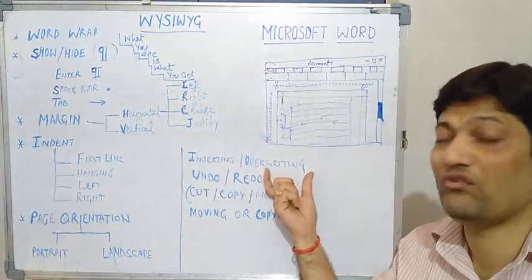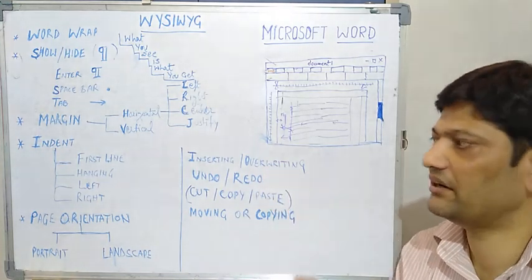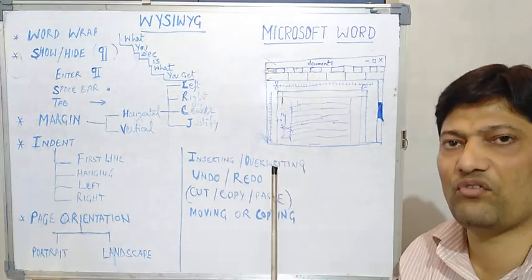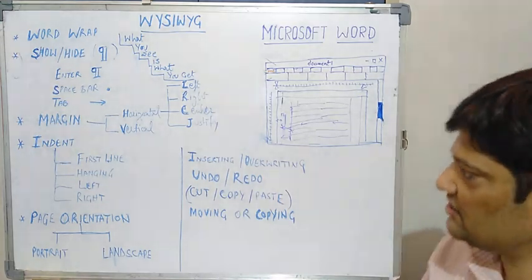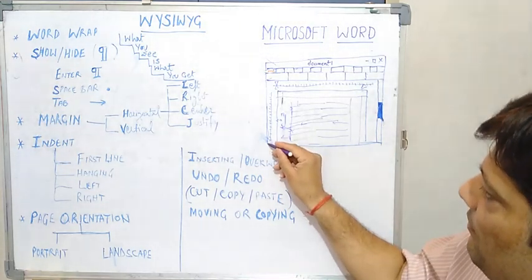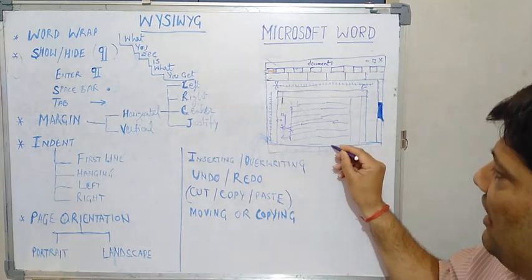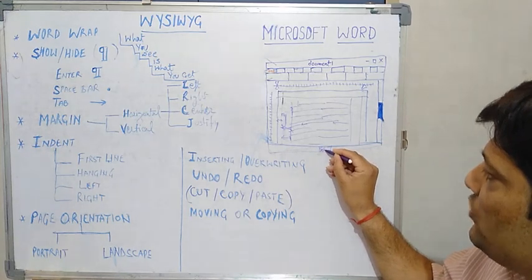So in case of overwriting, deletion also happens automatically. We have to switch over from inserting to overwriting mode from the status bar. If you see on the status bar, there is a button for insert, and we have to click on insert to switch over.